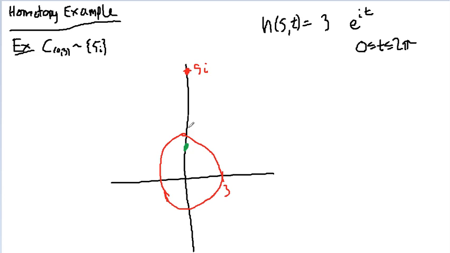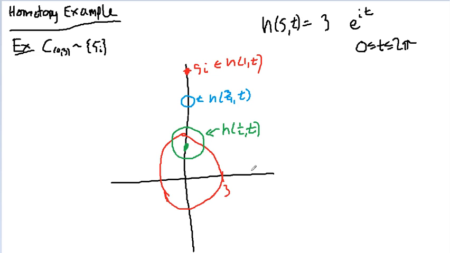It's actually going to look something like this, which should be h of 1/2, t. So I'm going to plug some stuff in there, and then as I go up higher, maybe this will be something like h of 3/4, t. Oh, and I should mention, this we want to be h of 1, t, and this we want h of 0, t.